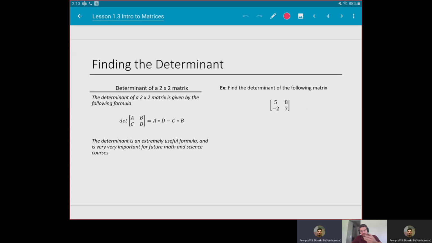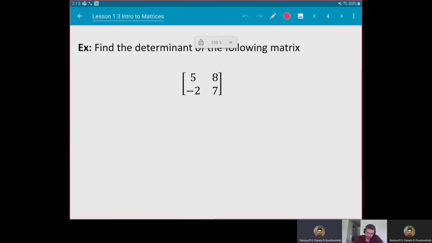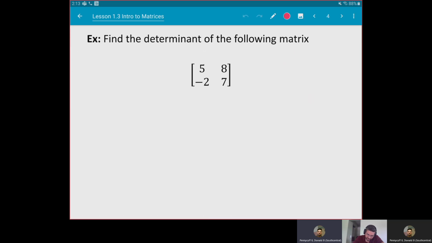All right. So now that we've talked about how to convert a problem into a matrix, what do you do with it after that? Once you have something converted into a matrix, 99% of the time, you're going to then do what's called a determinant. And what a determinant does is it's a version of cross multiplication. It's going to convert this matrix into a single value. So the determinant of 5, negative 2, 8, 7, what we're going to do is go diagonally down.